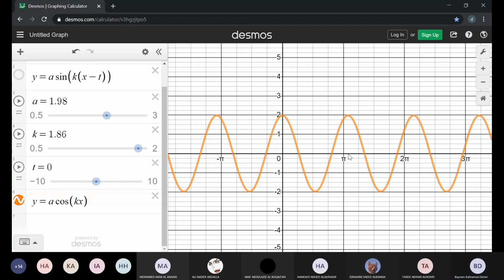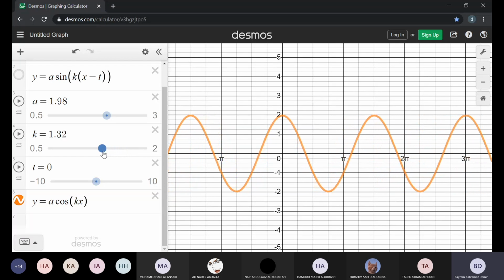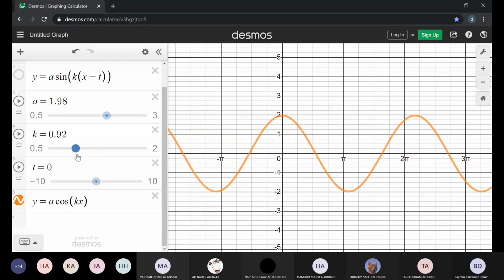But as you move the k to smaller and smaller values, that means you are getting a larger period. Now, one period of the cosine image, in this case, is from here up to here, you see? Now, the period is even greater than 2 pi. You see that, Shabab? So, as k gets smaller, the period gets larger.